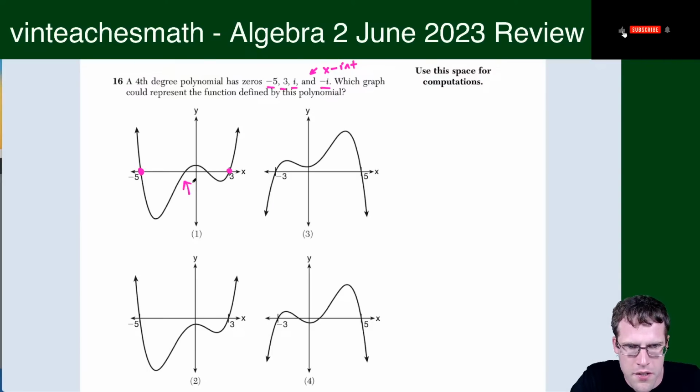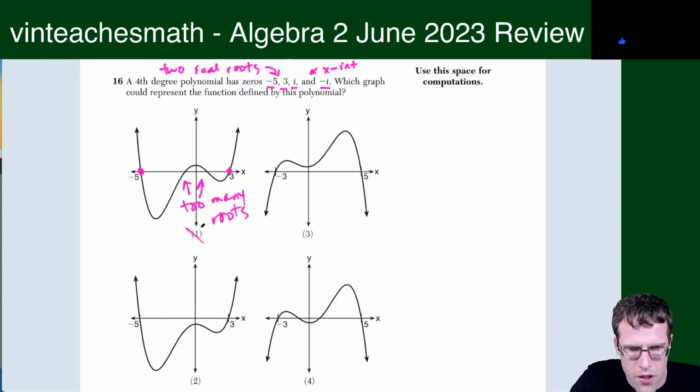But uh-oh, see here? This is too many roots. This means we just have 2 real roots. Sorry, English language kind of stinks sometimes. All right, -5 and 3. This one looks good, just 2 real roots.